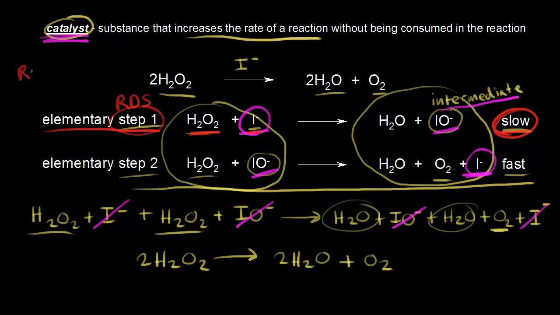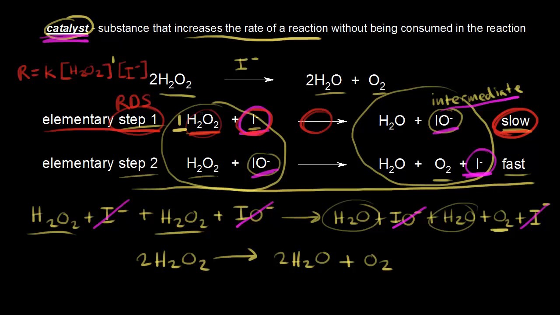The rate of the reaction should be equal to our rate constant k, times the concentration of H2O2, and since we have a coefficient of 1 here, remember for an elementary reaction we can turn that coefficient into an exponent, so we have it to the first power. And then we also have the concentration of iodide anion, the concentration of I minus.